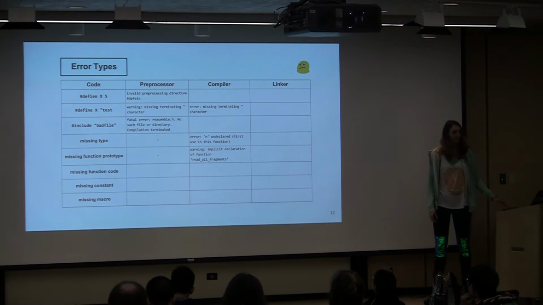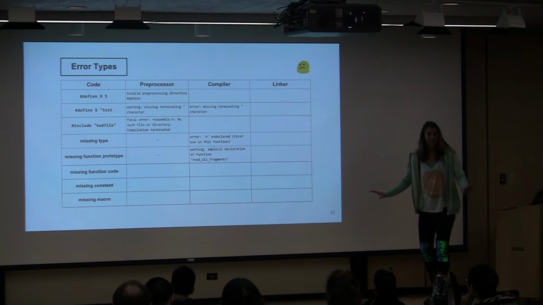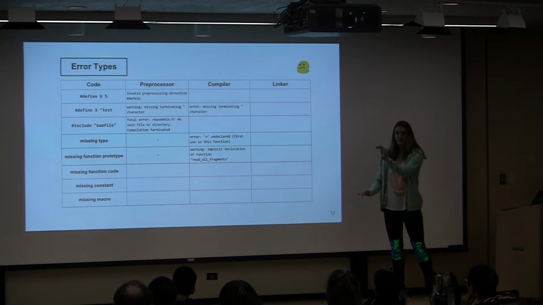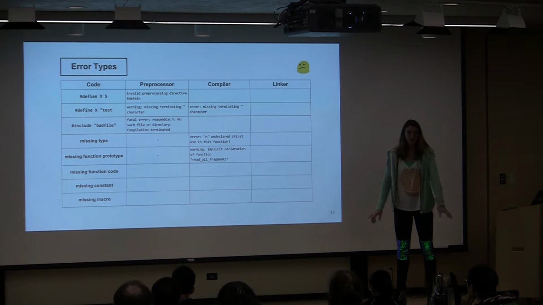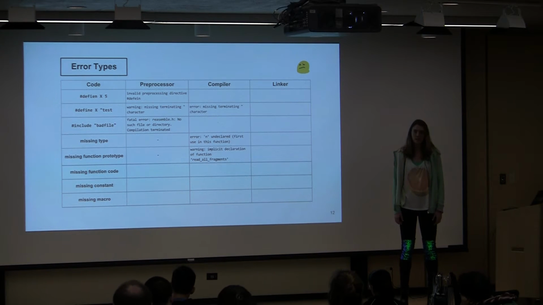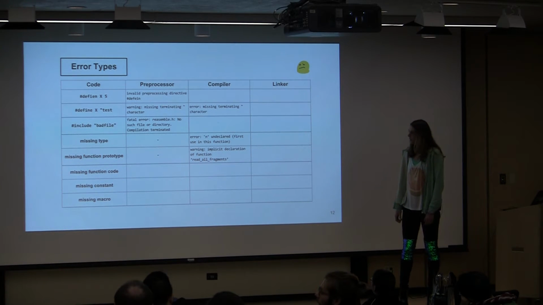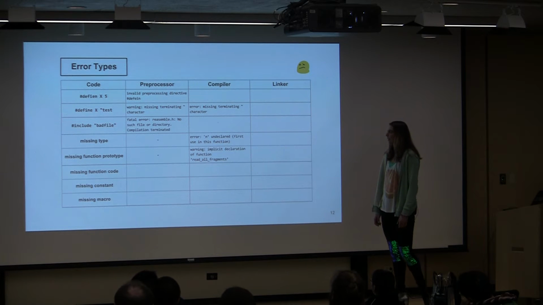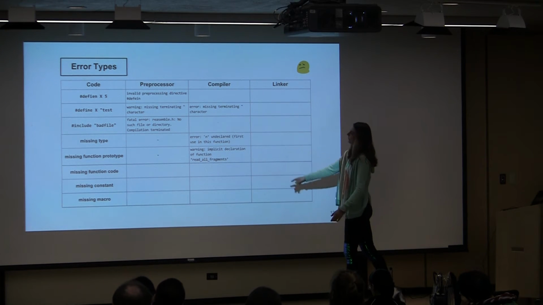function. What if the code is missing? We know this can't run if the code is missing. So you have a prototype, but there's no code anywhere for that function. Yes? I want to go back to what are the implications of that warning? Of this warning?